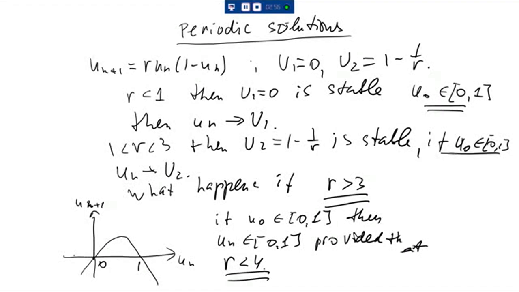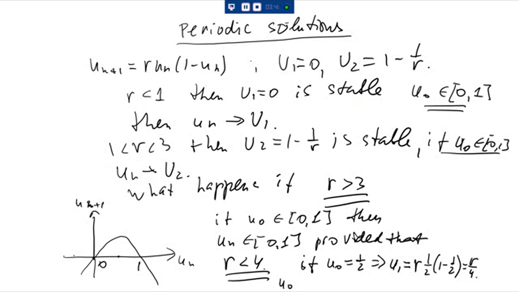To check it, let's see what the value is. If, for example, U naught equals one half, then U1 will be equal to one half times 1 minus one half, which is R over 4. And this is less than 1.